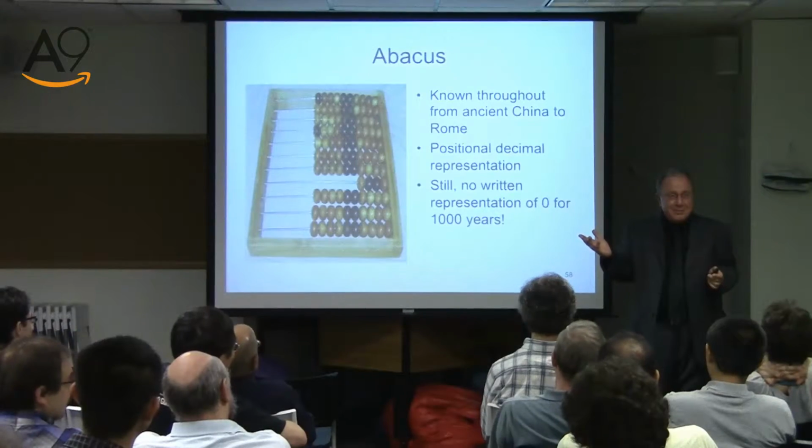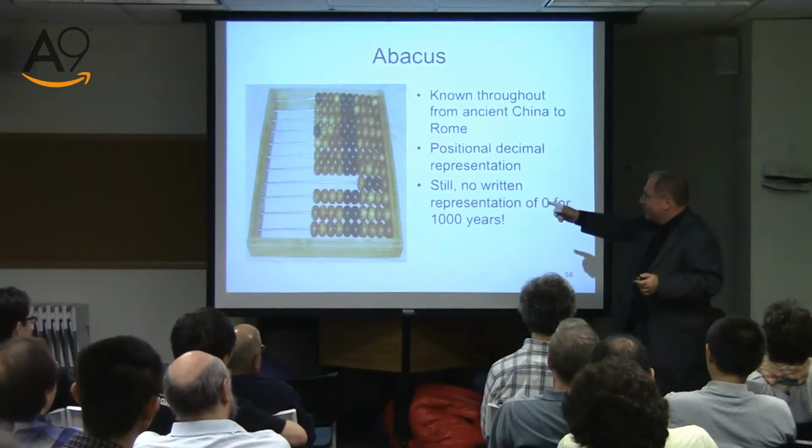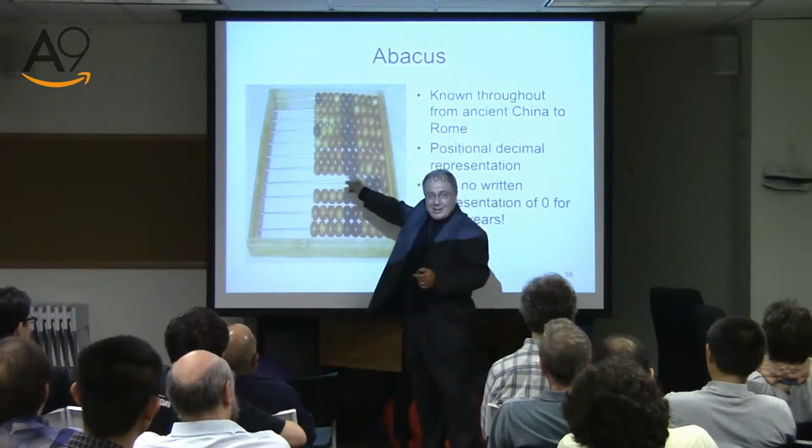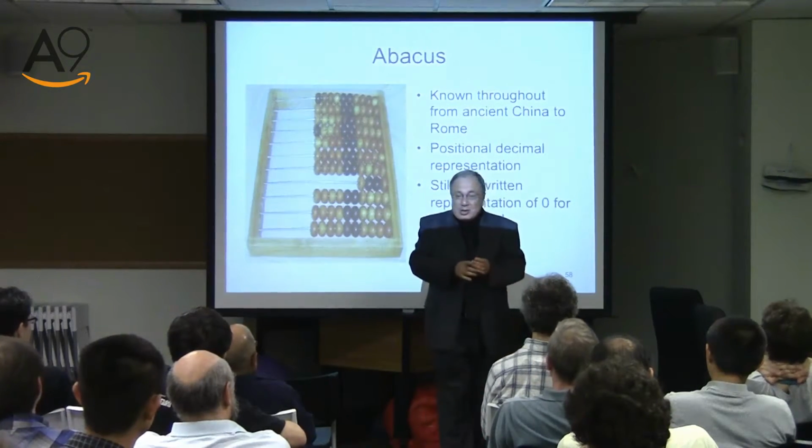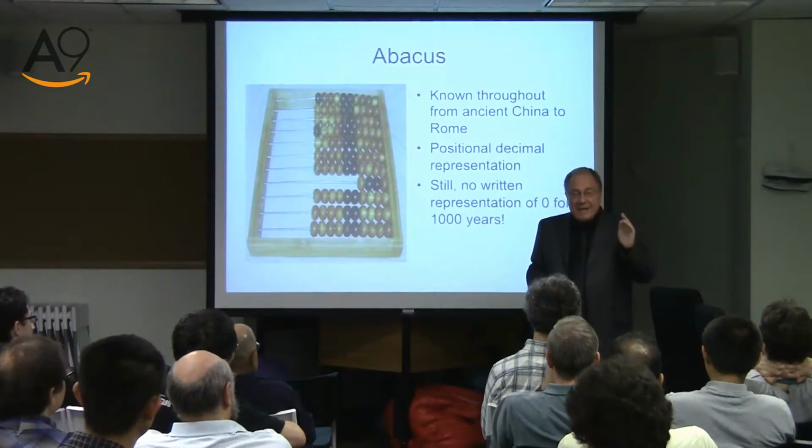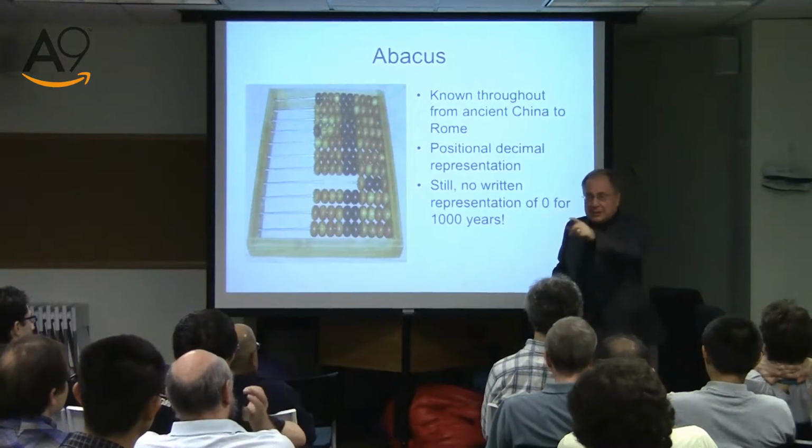In any case, obviously, if you have an abacus, there is an implicit 0. And there is a decimal base. You see there are 10 things. So it was widely used. However, there was no decimal notation with 0 in any place, till very, very late.